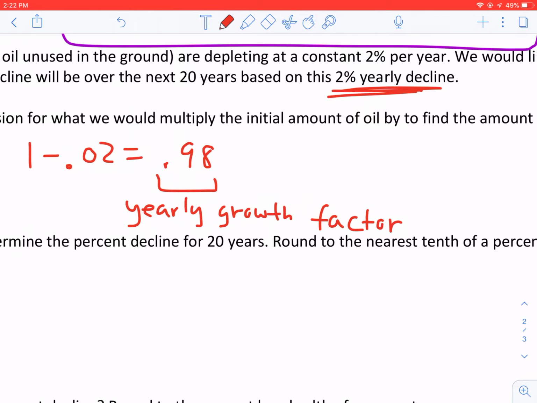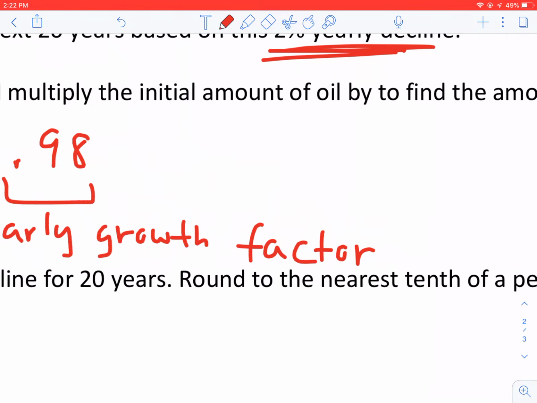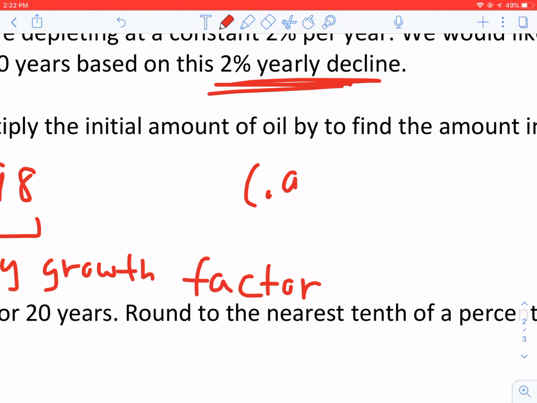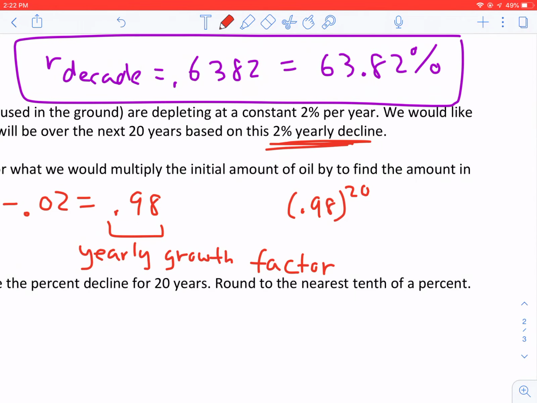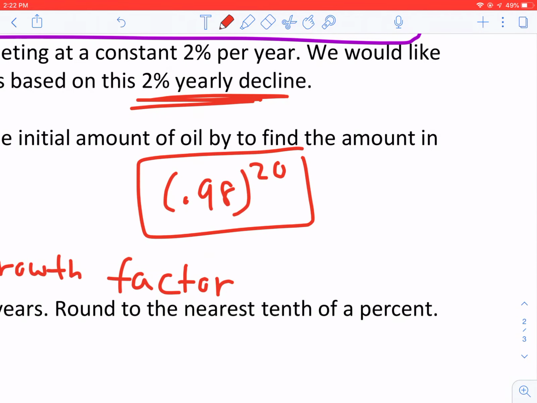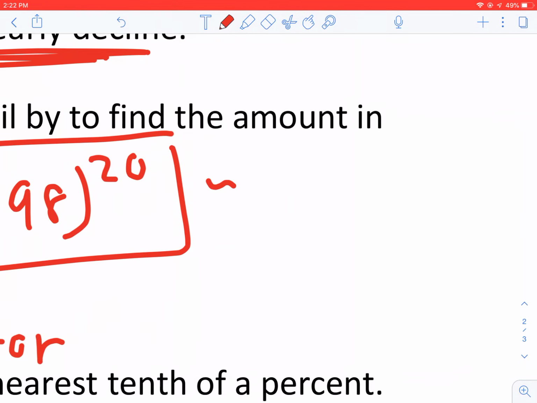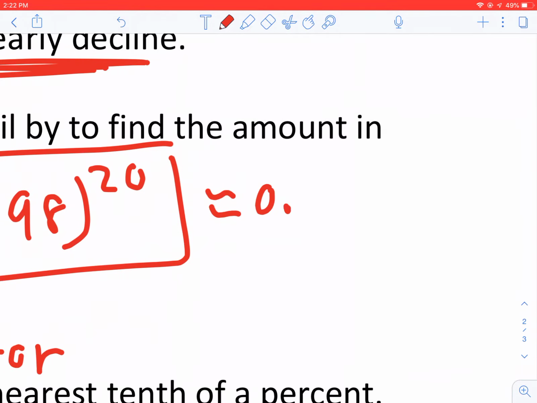We have 98% of the previous year if we were losing 2% each year. So in 20 years, we're going to multiply by 0.98 20 times, or to the 20th power. And that's the answer. If you want it as a decimal, this is approximately 0.6676.